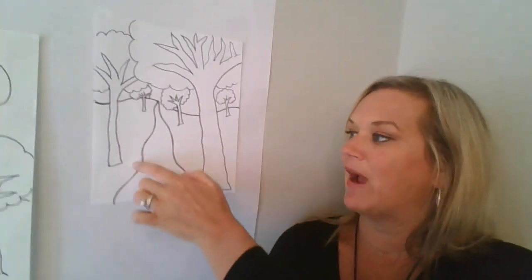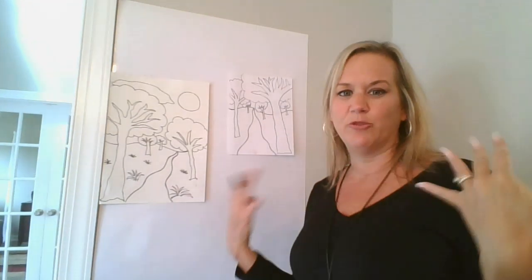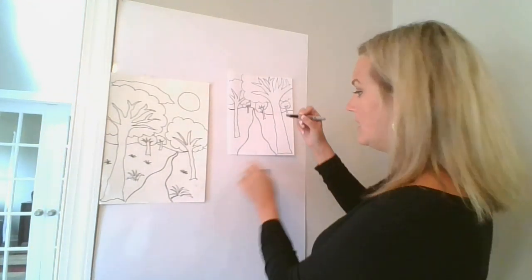Where I see that I have blank space, and I'll pull you closer, I seem to have a lot of blank space in the grassy areas, and that bothers me. So I'm going to add some cute little sprigs, little bushes, or little plants. So I'm going to add that kind of thing to fill in those boring plain spaces.